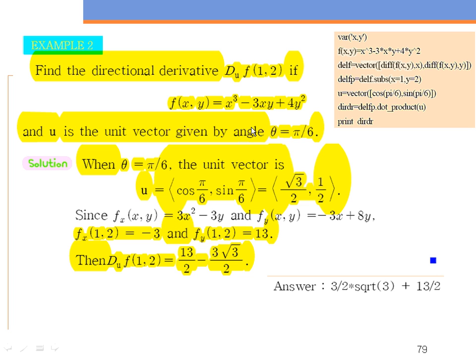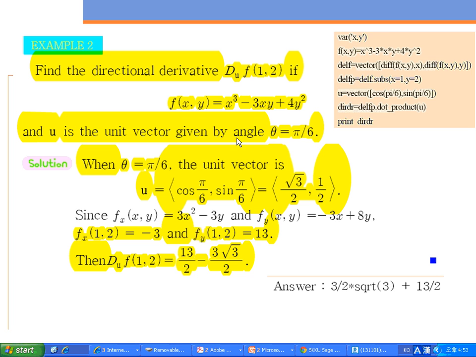This example asks us to find the directional derivative of the function f(x, y) at the point (1, 2), with the direction given as a unit vector at angle theta equal to pi over 6.